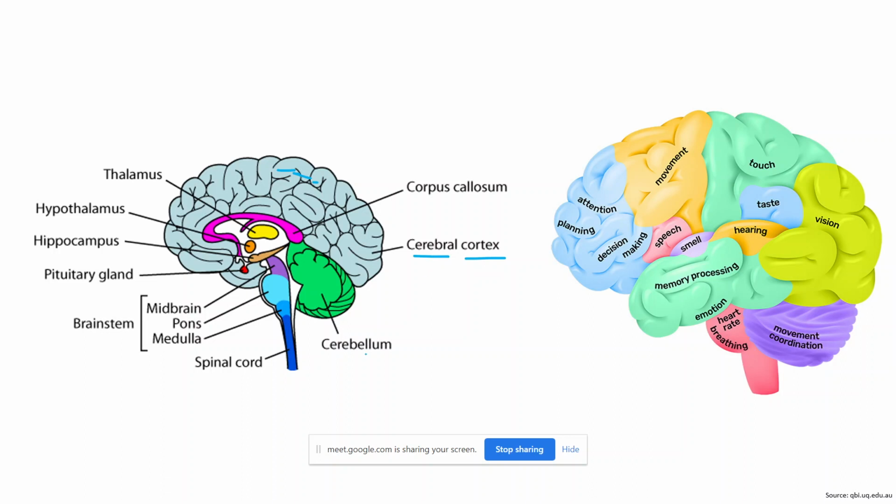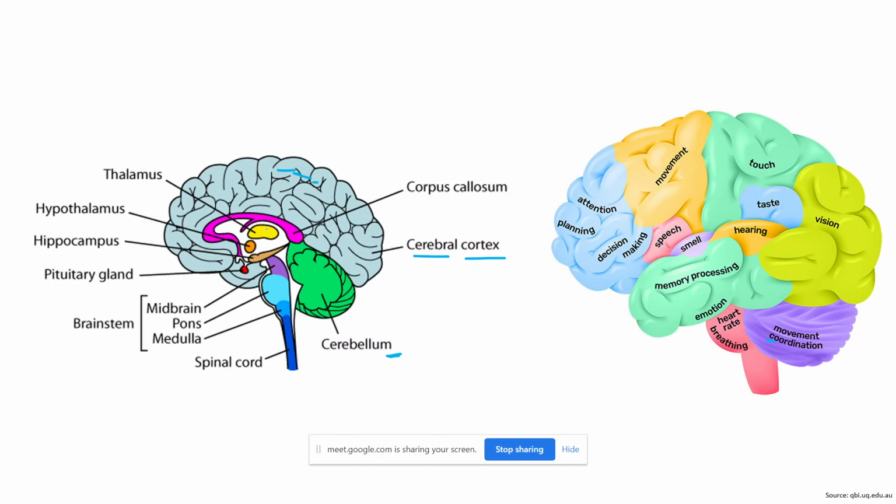Then at the back of the brain, we have this cerebellum. Cerebellum is responsible for movement coordination, so that you make smooth coordinated movements like walking, running, writing, or things like that.